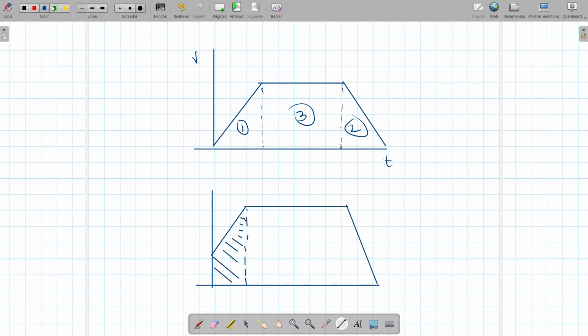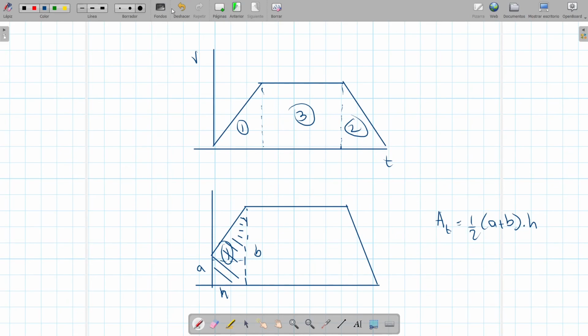We can divide that area into a triangle and a square and calculate it separately, or we can remember that the area of a trapezium was half the big base plus the small base times the height, and we can consider that this is the small base, this is the big base, and this is the height. So we can calculate the whole area as the area of a trapezium, or as a triangle and a square, and the rest are all calculated the same.